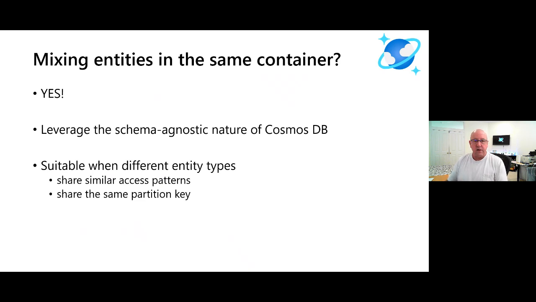And it's suitable when the data shares a similar access pattern. In this case, customers and sales orders typically are queried together. So it makes sense when data shares the same access pattern and shares the same partition key. You should definitely always look to try and store those within the same container.